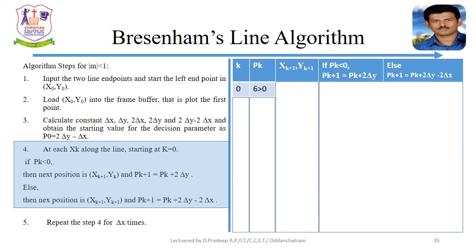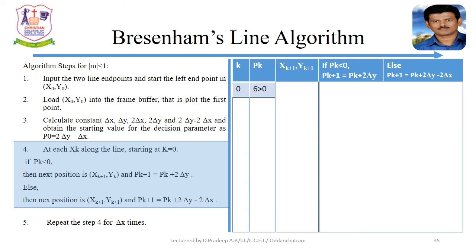Next position is xk plus 1 and yk, and we have to calculate the next decision parameter pk plus 1 equal to pk plus 2 del y. If it is the else portion, the next position is xk plus 1 comma yk plus 1, and we have to calculate pk plus 1 equal to pk plus 2 del y minus 2 del x.